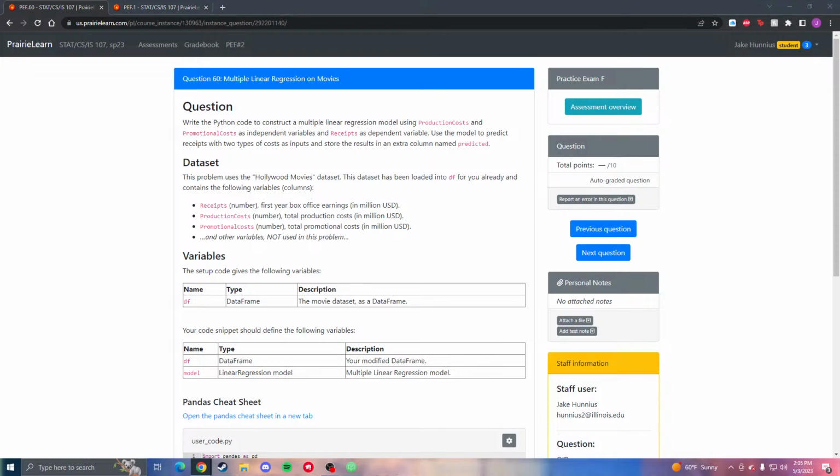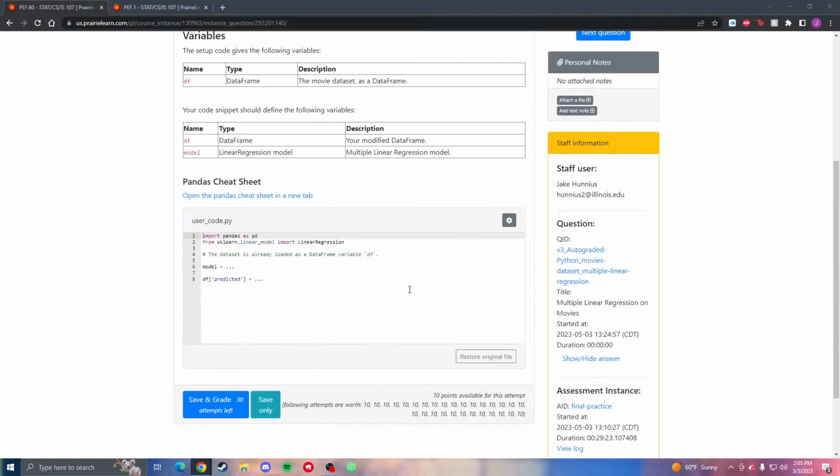All right, we're doing multiple linear regression on movies here. First thing we want to do is model is equal to LinearRegression. And then we need to do our model.fit.